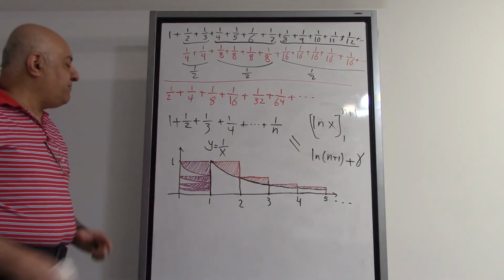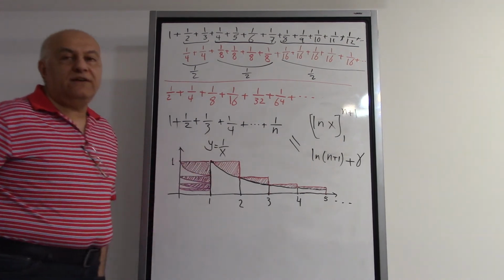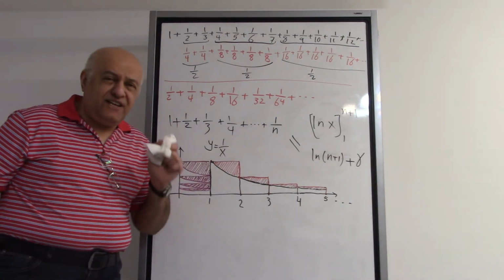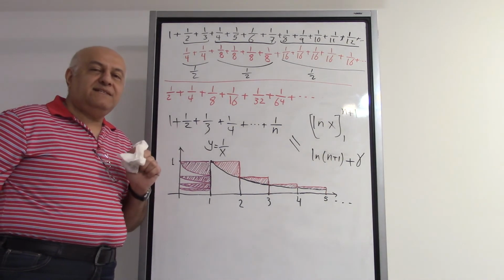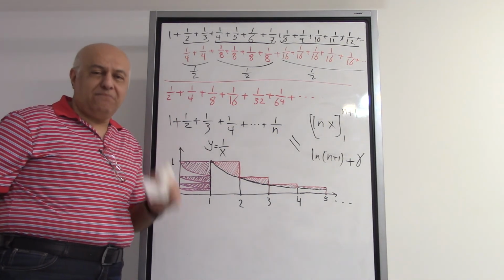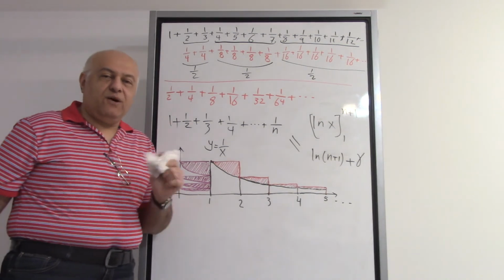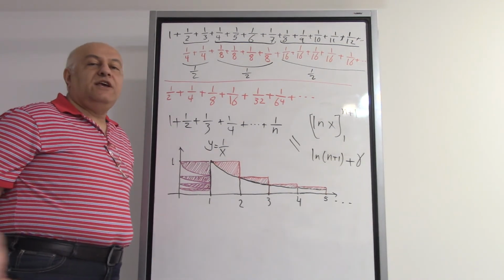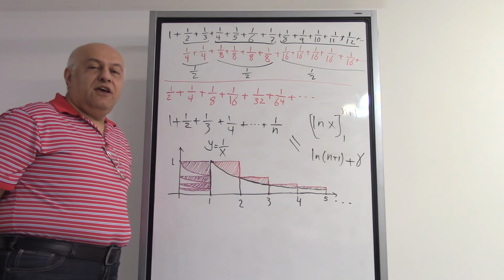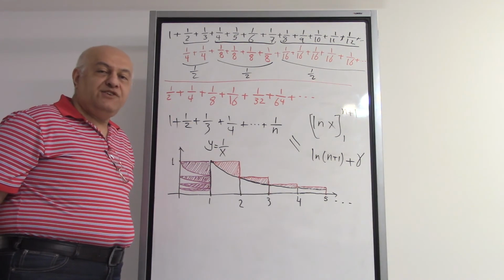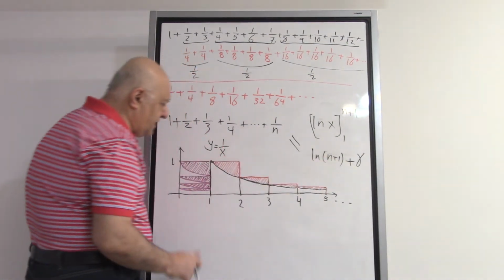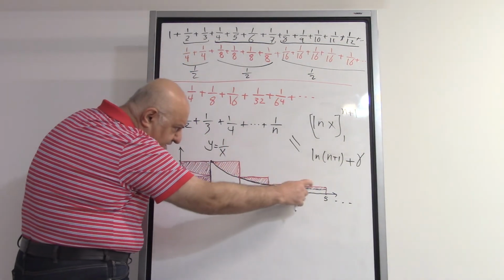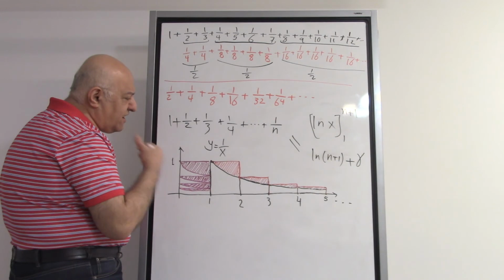How big is gamma? Gamma is called the Euler constant, and it is a very important constant. It amazingly plays an important role in different areas in mathematics, in physics, in quantum physics, and in many important phenomena in nature. It shows up everywhere. How big is gamma? I said it is just this shaded red area.